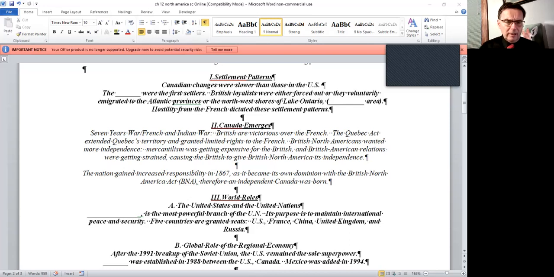Let's take a look briefly at the climate maps, and then we'll move on to world roles. Turn to page 530 and you have the climate map.